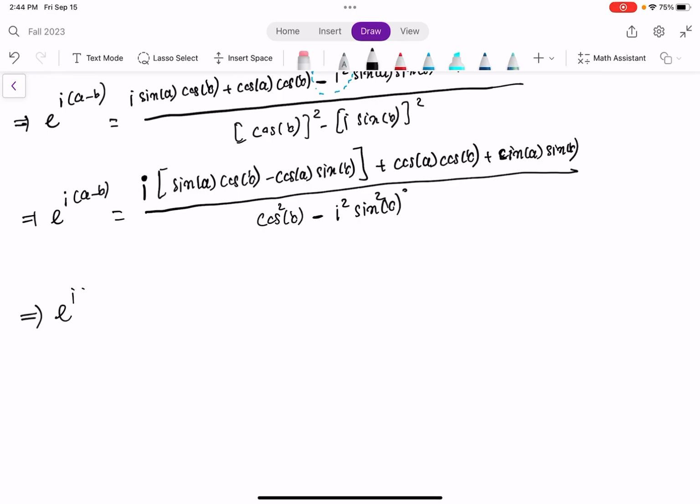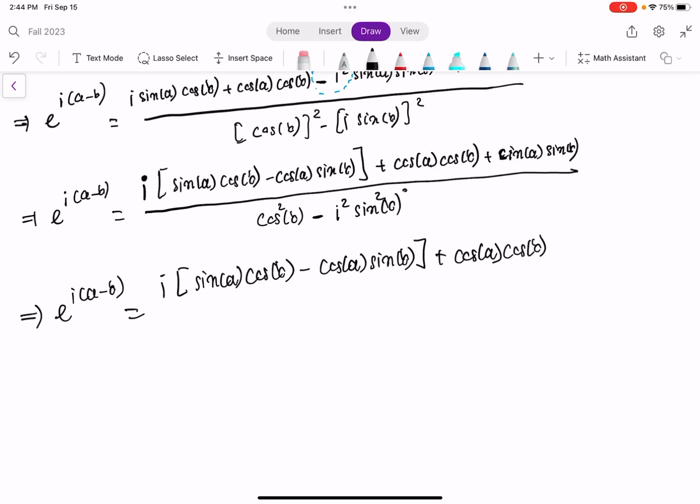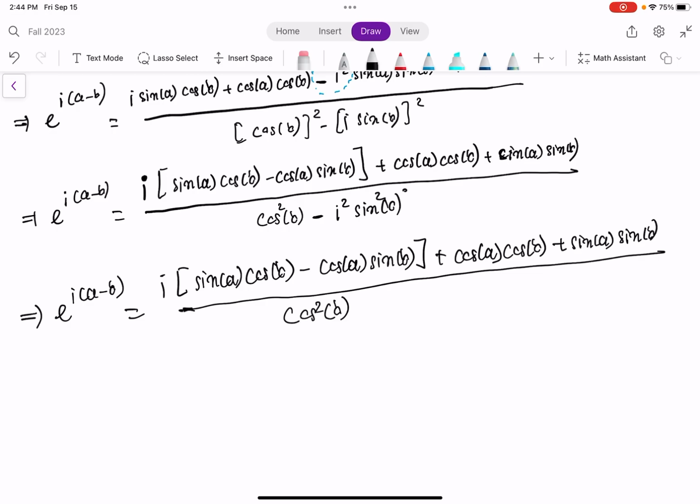Equal to i times sine a cosine b minus cosine a times sine b, plus cosine a cosine b plus sine a times sine b. And our denominator is just cosine squared of b plus sine squared of b, which is just 1, because the cosine squared of a number plus the sine squared of the same number is 1.